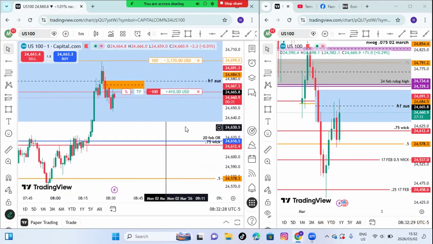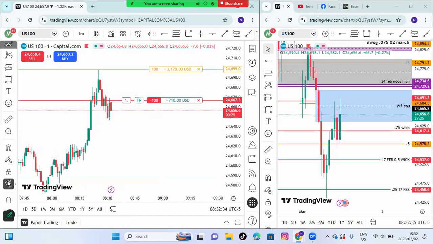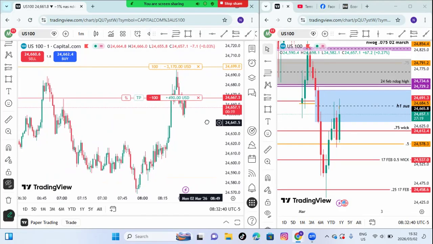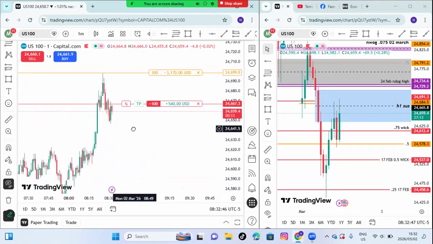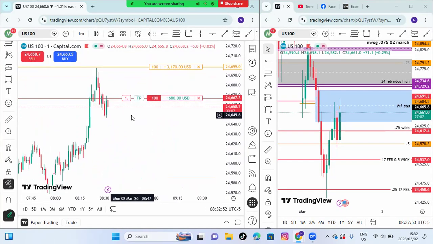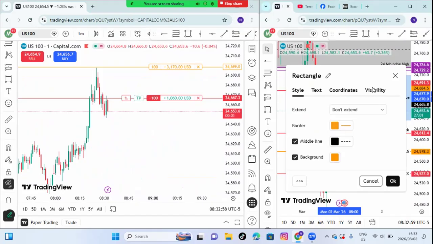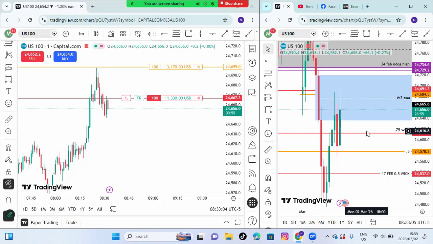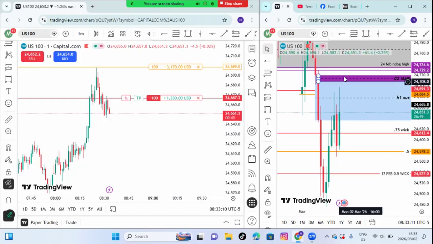Okay, let's see. Sweet. 1 hour here. So let's respect here 50% of the suspension block in the 1 hour.